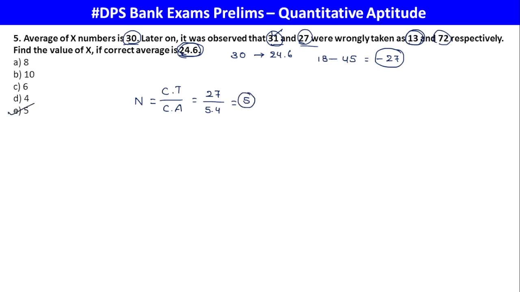Option E is the final answer for this question. Now, option E is the final answer. Change in total upon change in average.